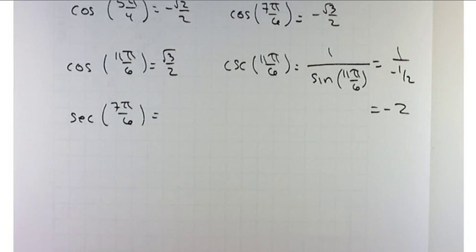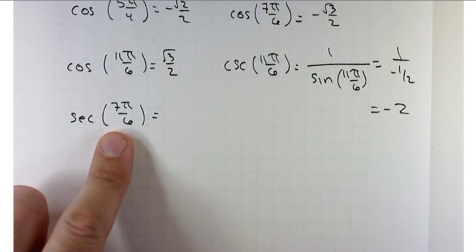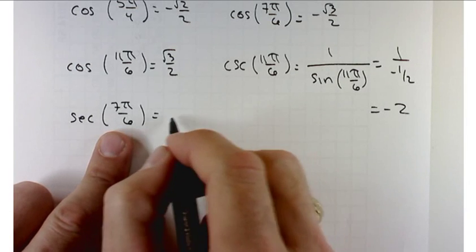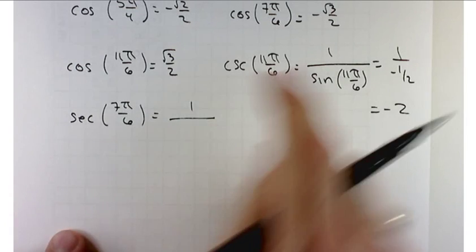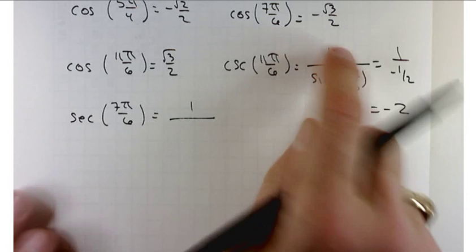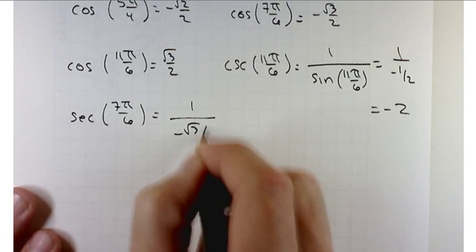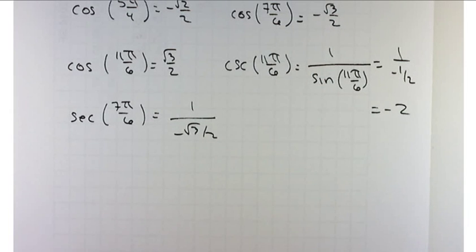And last but not least, let's work with the secant here. Of course, that's the reciprocal of the cosine. So that's 1 over the cosine of 7 pi over 6. Here's what you're going to see in the book.